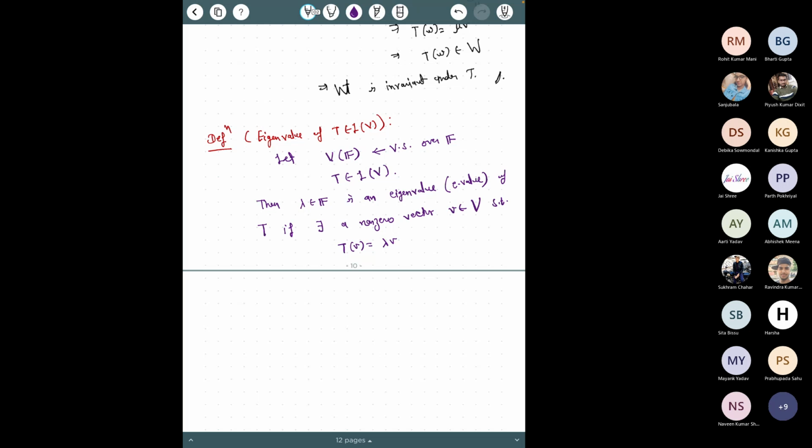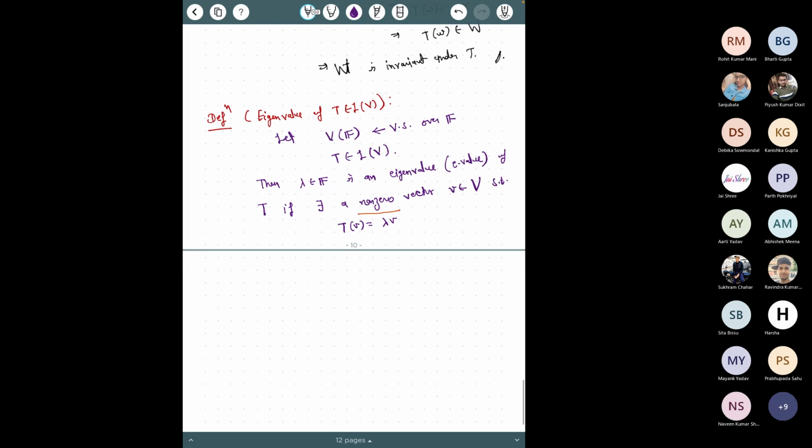But before that, let me underline that this is very important here, non-zero vector. Because if it is a zero vector, then this equation is satisfied for all lambda, so there is nothing interesting. We are interested in the non-zero vector v that satisfies this expression.